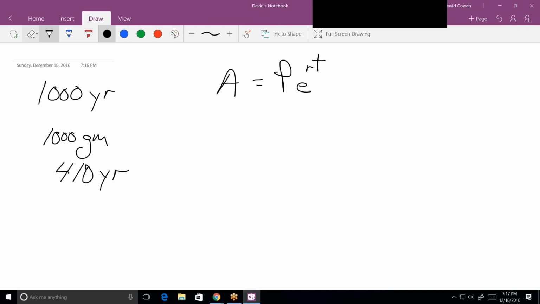I'm not sure why, but it's actually minus kt when you're dealing with decay. They put a negative sign in front of the k. I'm not quite sure why, because you would think that we'll just leave the negative sign out and decay will come back as a negative, right? Should come back with a negative k.